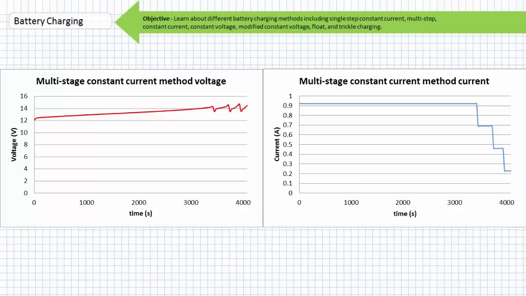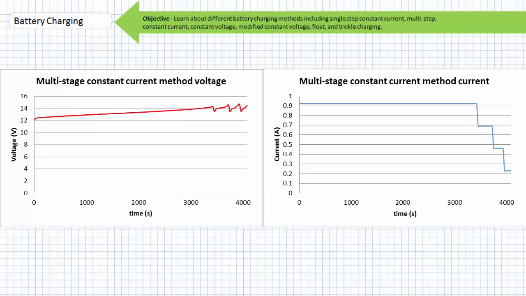Using this method, our predetermined finish line of 13.5 watt-hours of energy is reached in only 4,060 seconds, or 68 minutes, just over an hour. Using a slightly more complicated charger with a higher initial current, we effectively reduced our charge time to a quarter of our previous attempt. This is a good thing.